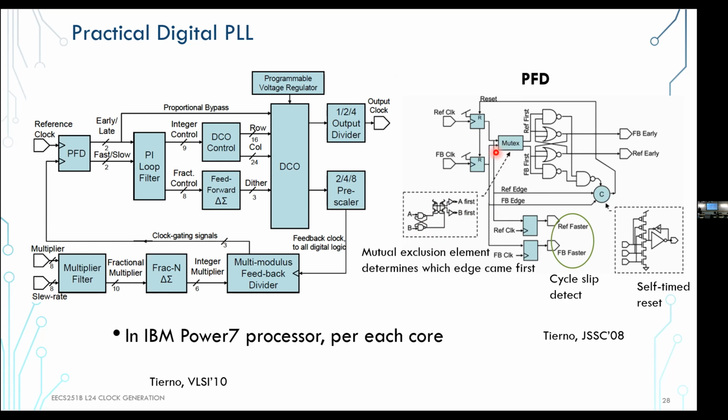It basically is just a winner take all thing that figures out which edge comes first. When the edge comes first, they generate an early or late signal based on that, and then the asynchronous kind of resets. But some nice properties about this is essentially it extends the tuning range of the DAC. And then they have some cycle slip, which is important when you're trying to catch up essentially to the frequency lock.